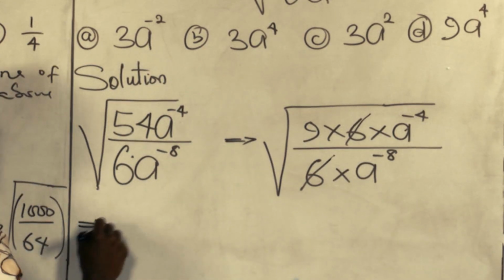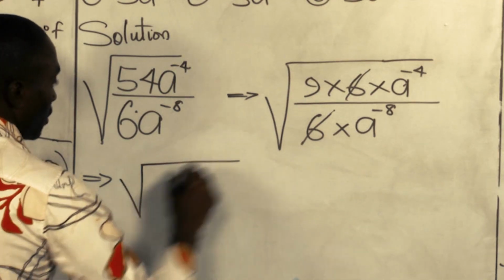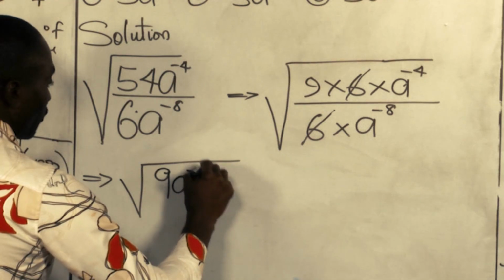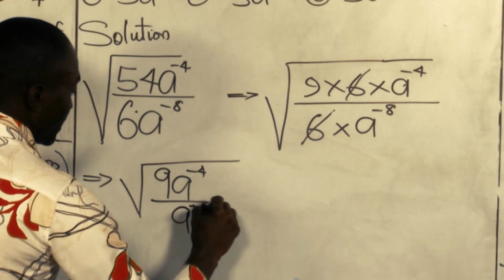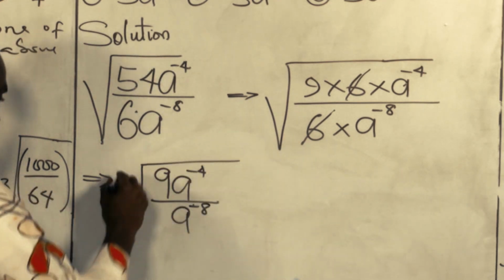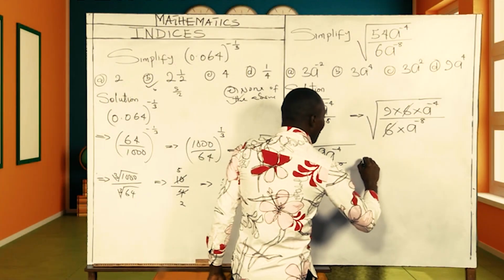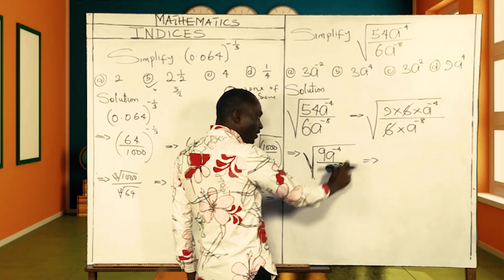We'll be left with 9a raised to power minus 4 over a raised to power of minus 8. Don't forget that this square root covers everything. Now, this square root covers everything as I've said.